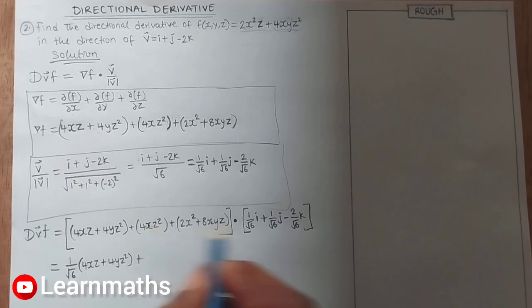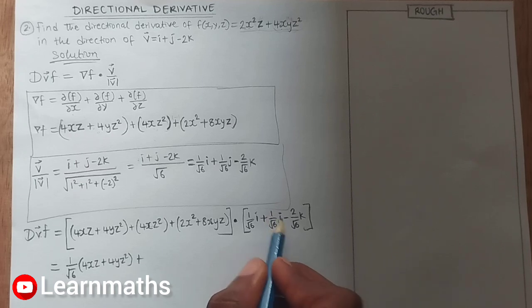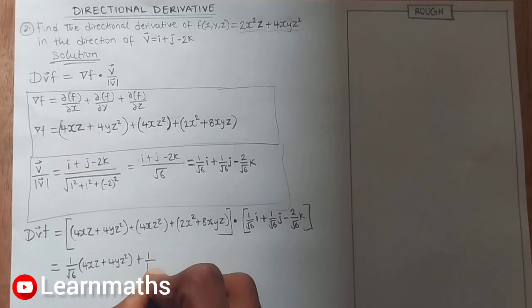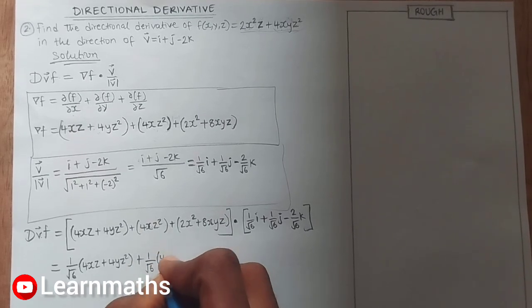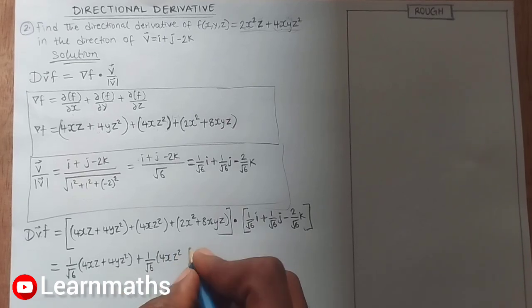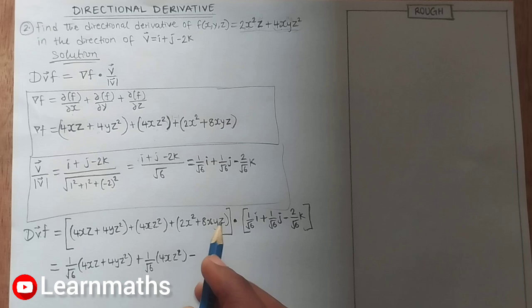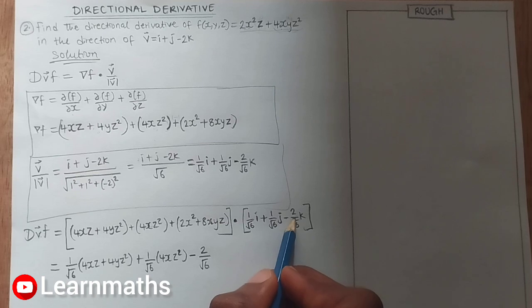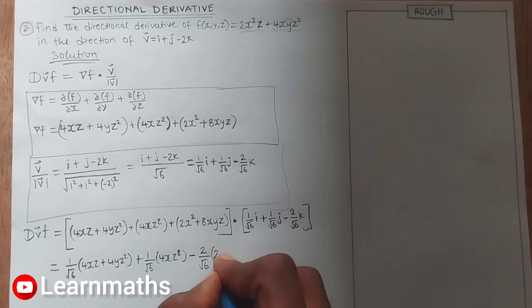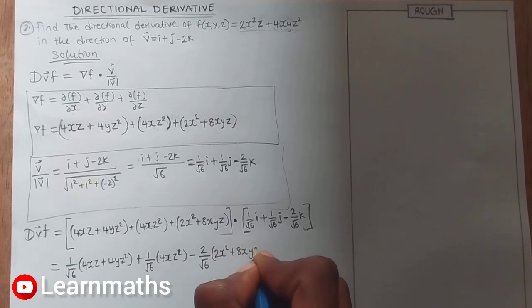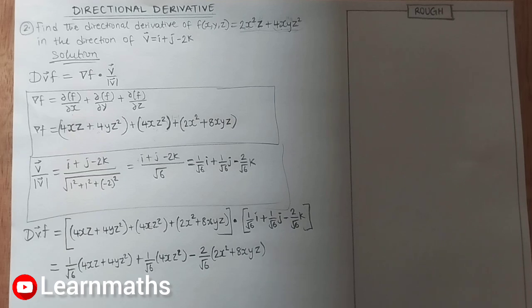Then we also have 1 over square root of 6 for the j component, multiplying 4xz squared. Finally, we're going to have negative 2 over square root of 6, because it's negative here, multiplying 2x squared plus 8xyz. This should be our answer.